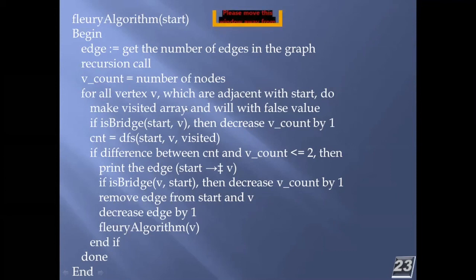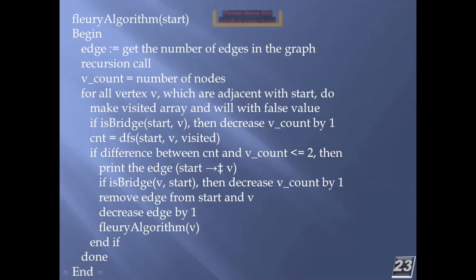Then I am calling the isBridge function with the parameters start node and adjacent node v. If these two nodes form a bridge, the isBridge function will return true, and I will decrease the vertex count by 1 because I will not use this vertex now.